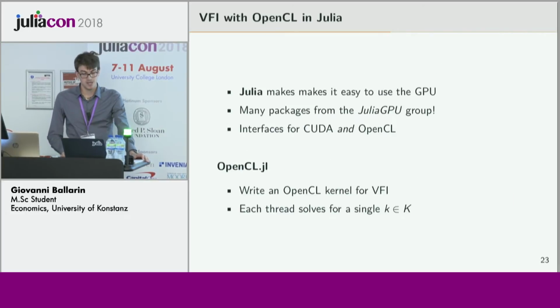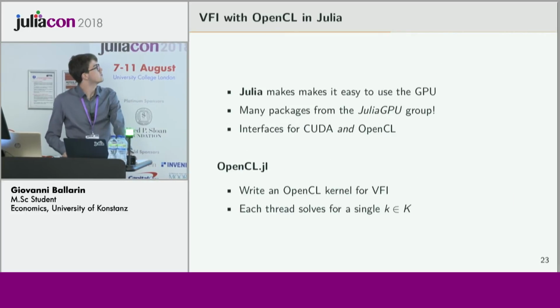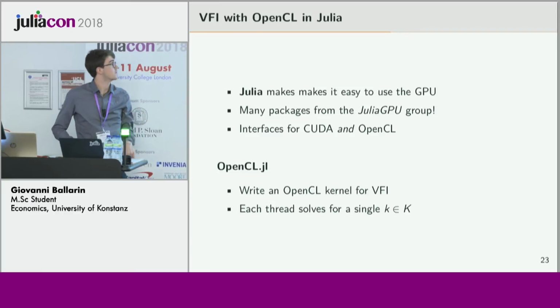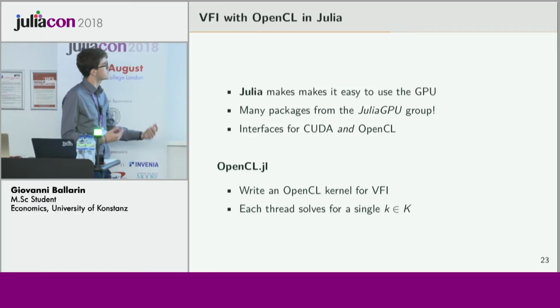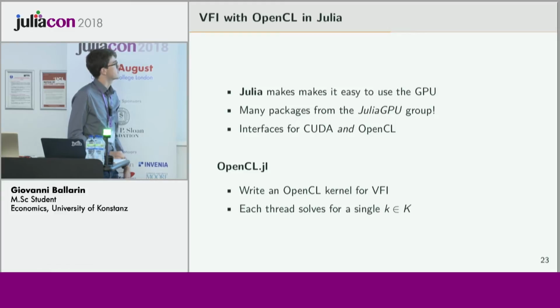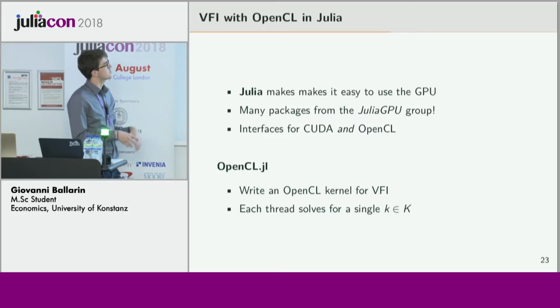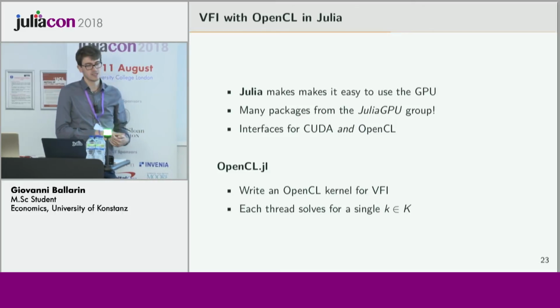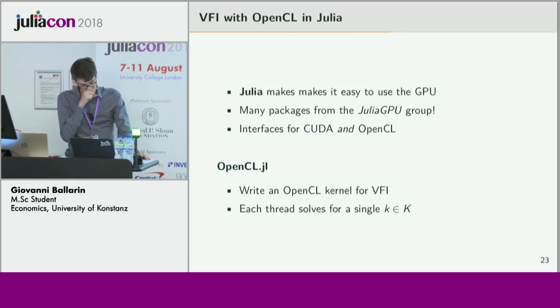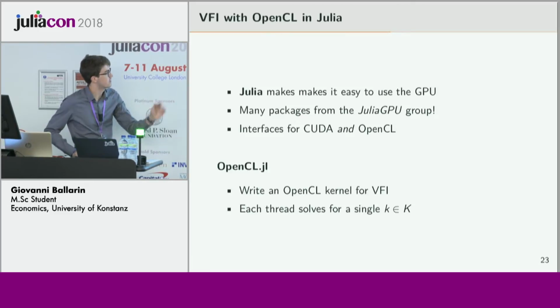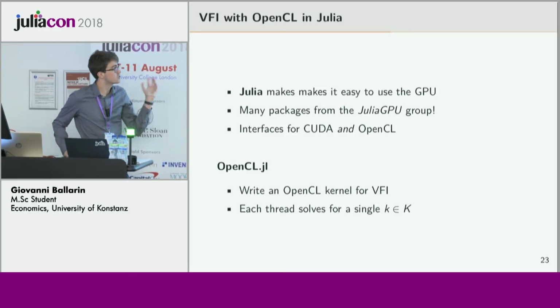And so Julia actually makes it easy to use the GPU because of the many packages of the Julia GPU group. And this is what brought me to it, because it has interfaces for CUDA and OpenCL. And this is not normal, in the panorama of simple numerical packages, to be so easy and so open.